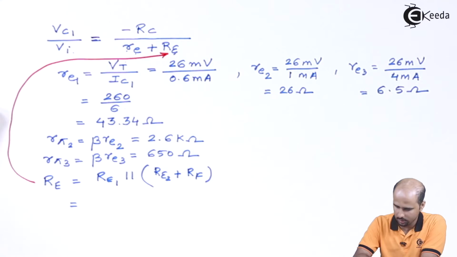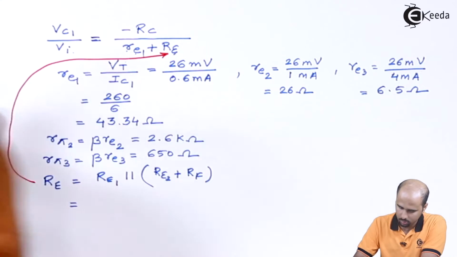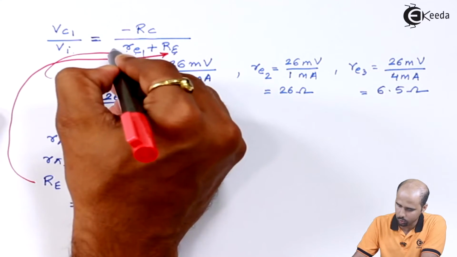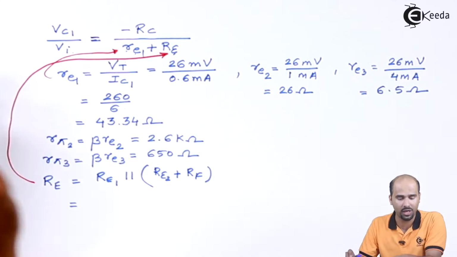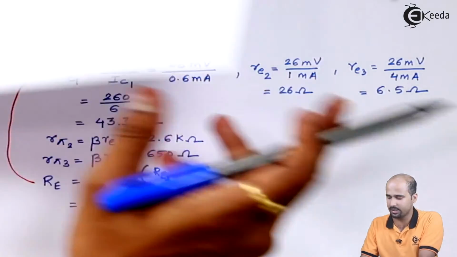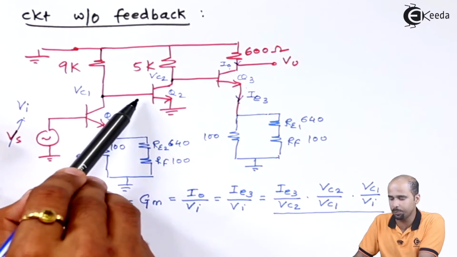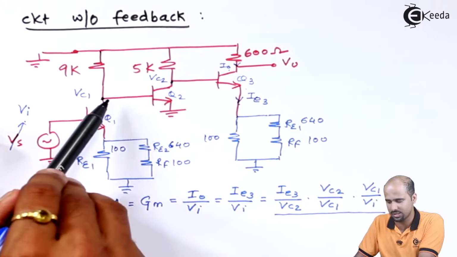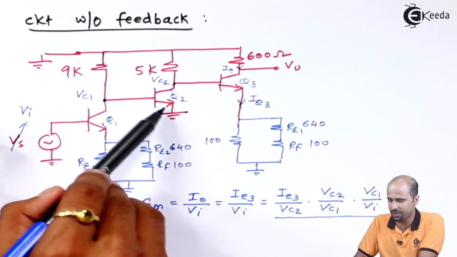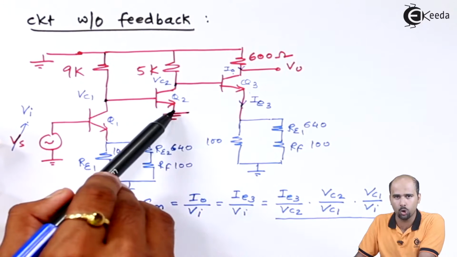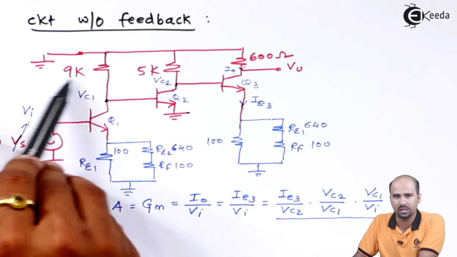Re1 we have calculated, that is 43.34. And what is the value of RC? We don't have to consider only 9K. Rather than that, we have to consider the input of the second stage as well, because this output of first stage is connected to the input of second stage. So here we have to consider the R pi 2 as well in parallel combination with 9K.